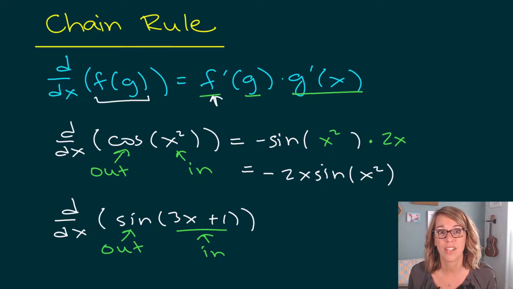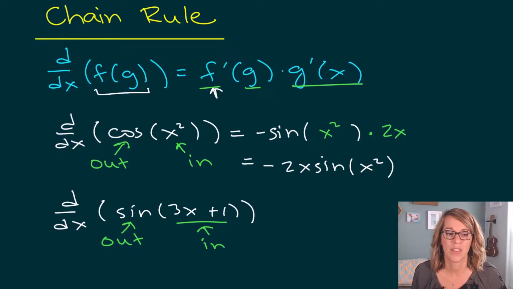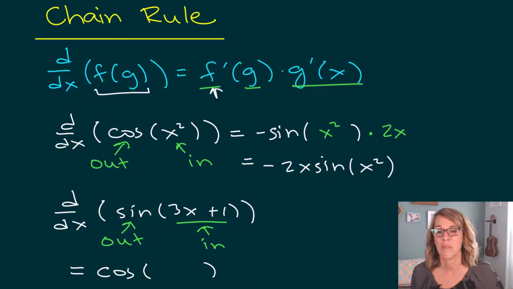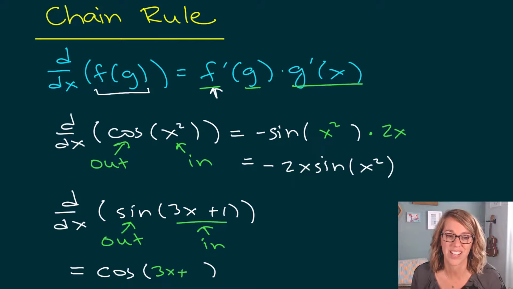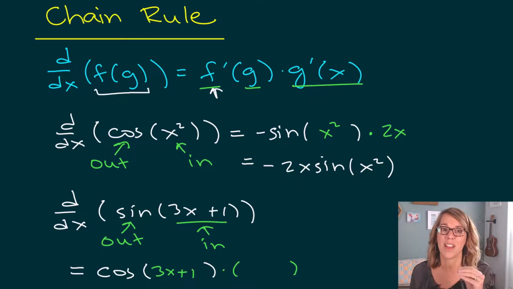As I take my derivative, I'm going to take the derivative of sine first. The derivative of sine is cosine with respect to the inner function, but my inner function is 3x plus 1, so that goes here. And then I'm going to multiply on the derivative of 3x plus 1. The derivative of 3x plus 1 is just 3.